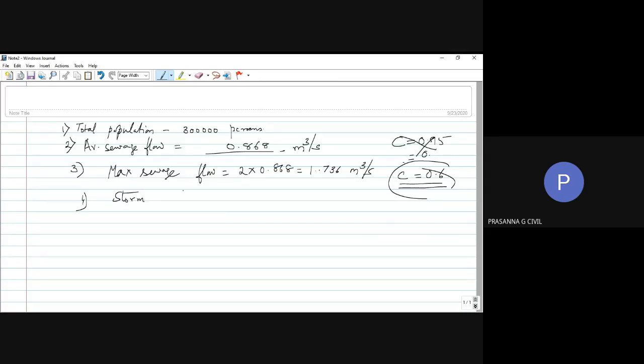Stormwater quantity I want. Area will be 12 into 10 power 2 only, no, ma'am?